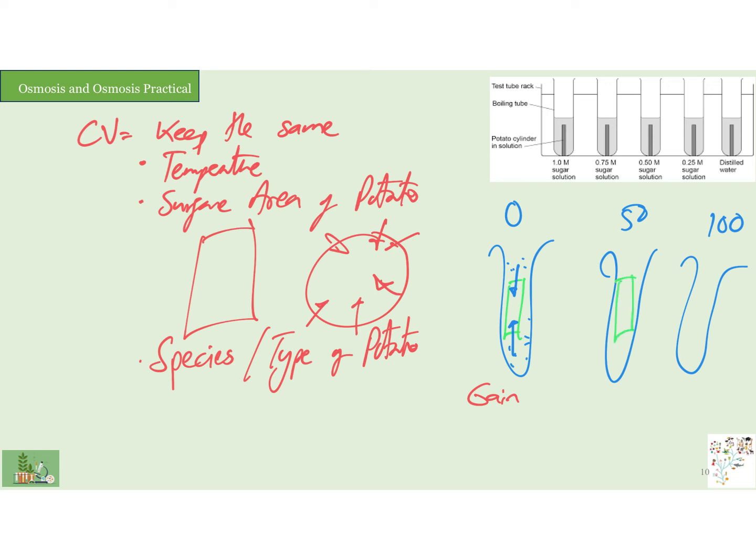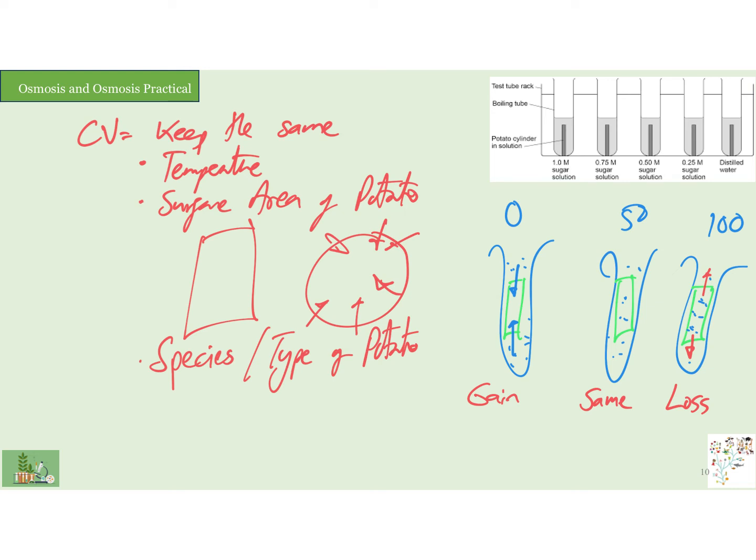At a 50% solution, there is approximately the same concentration of water in the potato as there is in the solution, so it might stay the same. But at a 100% salt or sugar concentration, there is more water inside my potato than there is outside. So water is going to leave the potato, which means the potato is going to lose mass.